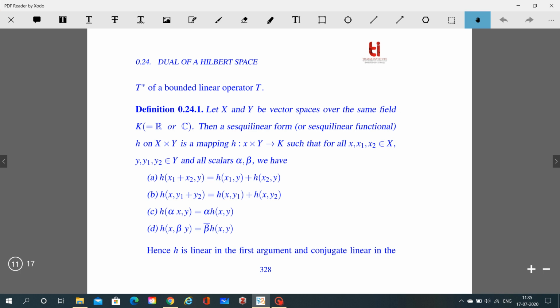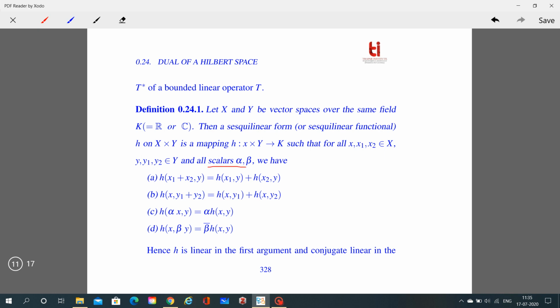So now we'll discuss the sesquilinear form of this Riesz representation theorem. Let X and Y be vector spaces over the same field. Then a sesquilinear form h on X cross Y is a mapping from X cross Y to K such that for all x, x1, x2 belonging to X, y, y1 and y2 belonging to Y, and all scalars alpha and beta, these four properties hold.